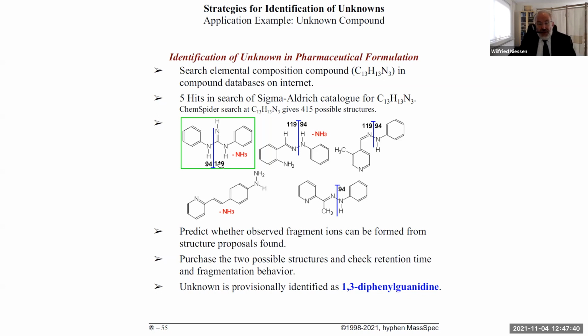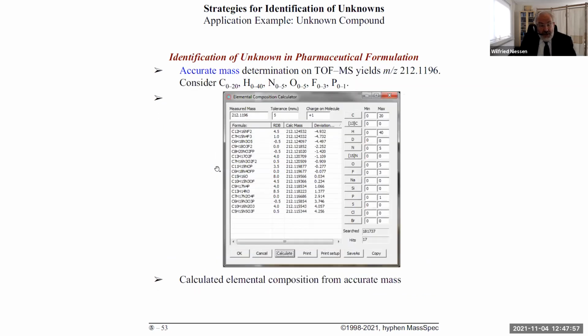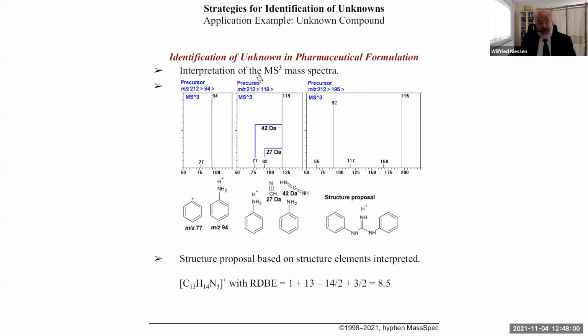If nothing shows up from the database, or nothing shows up which would be consistent with the fragmentation, then you have to try to build something yourself. And the problem is that, in principle, the amount of information present in these spectra is very limited.